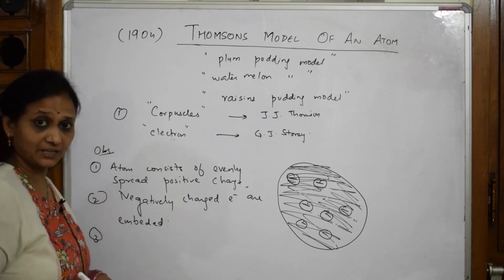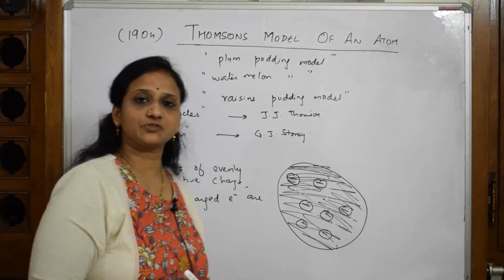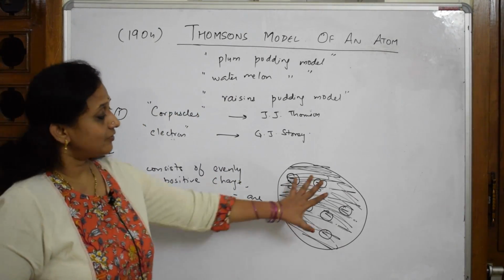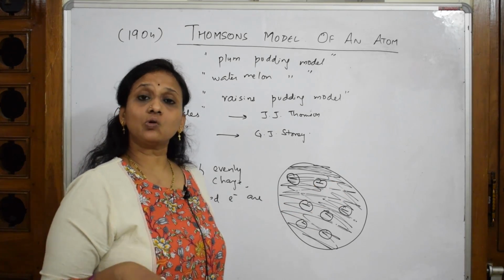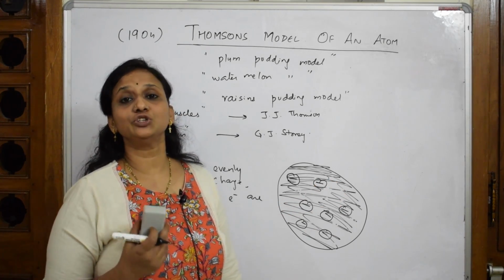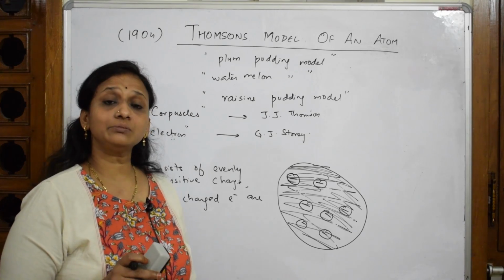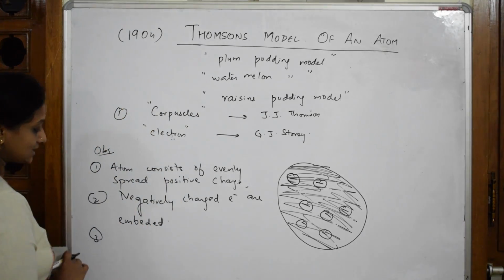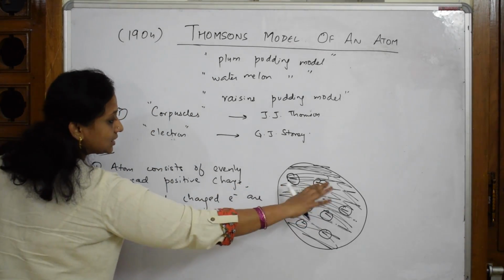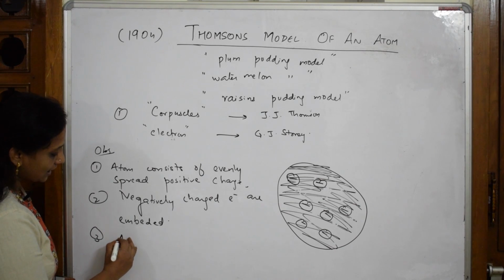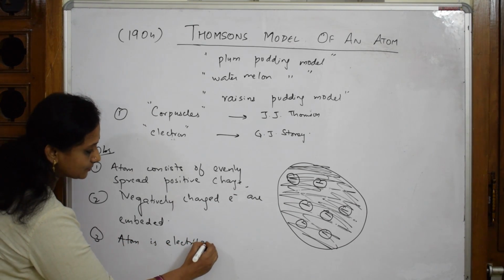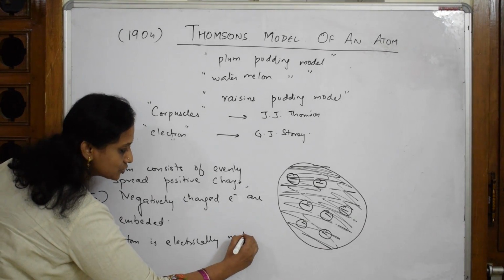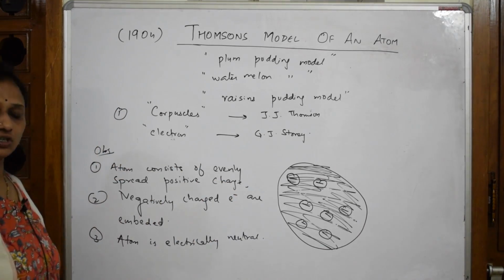Embedded means they are sunk in the positive charge. After that, he said, when I take the whole atom with the positive charge and negative charge, the overall charge of the atom is neutral. That is why he said atom is electrically neutral. Let us write that also, because both are balanced. So atom is electrically neutral. This is the assumption of Thomson.